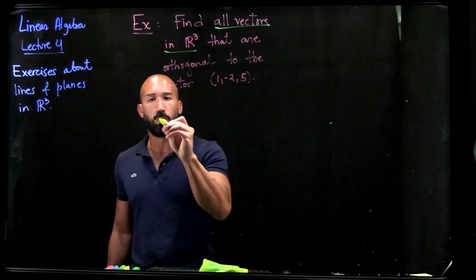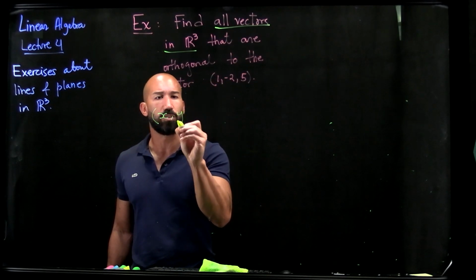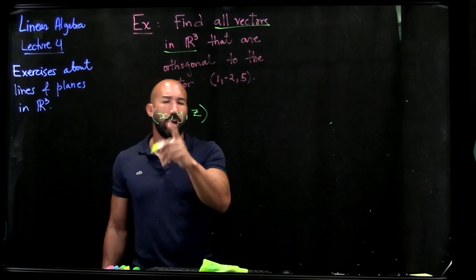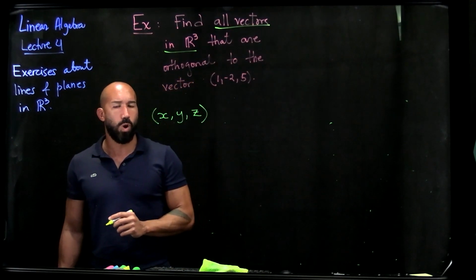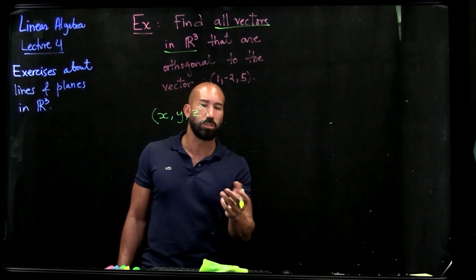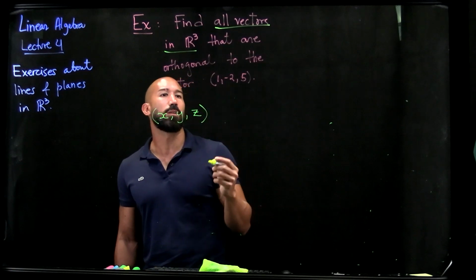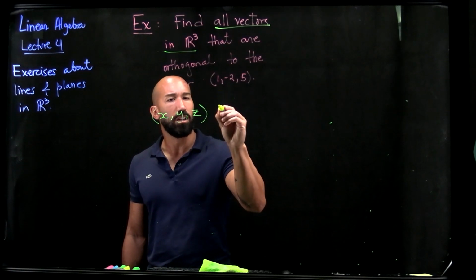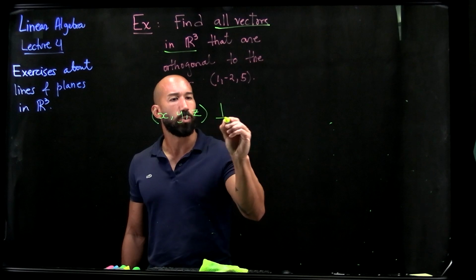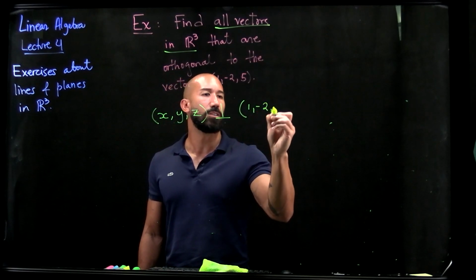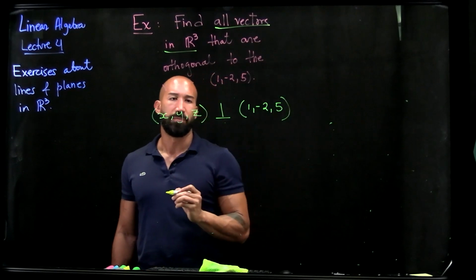I don't know those vectors, but I know that they have 3 components. Since I don't know them, I will use x, y, and z to denote those components. Any of the vectors that I'm looking for is orthogonal to 1, -2, 5.